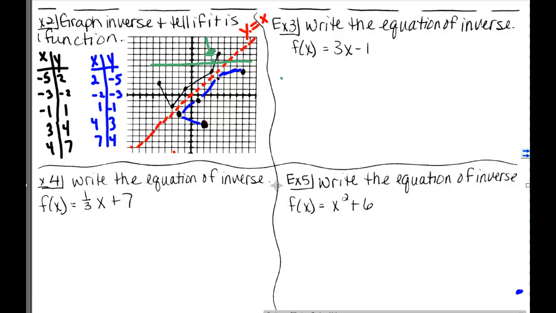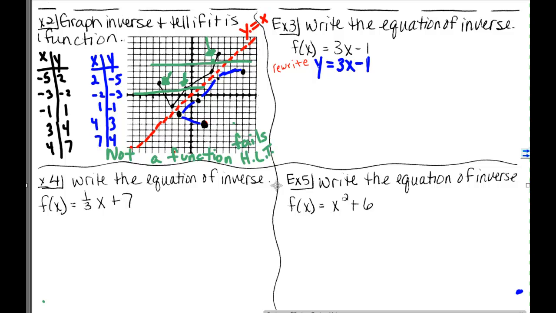So far it's a function, but when I draw my second line, it touches in these two spots. Because the original fails the horizontal line test, its inverse will not be a function.